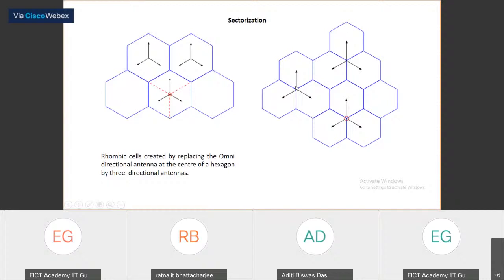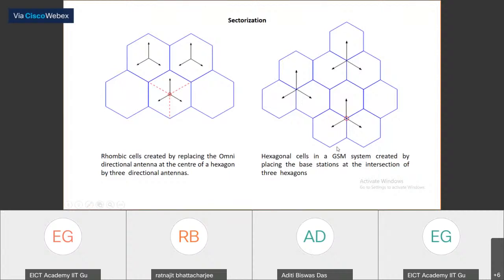The other antenna located here will serve this hexagon, and the third antenna located here will serve this hexagon. So you again have sectoring, but now the antennas are giving coverage to hexagonal geometries rather than rhombic regions.